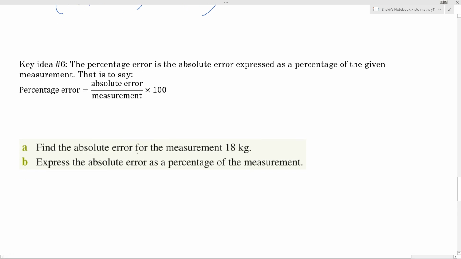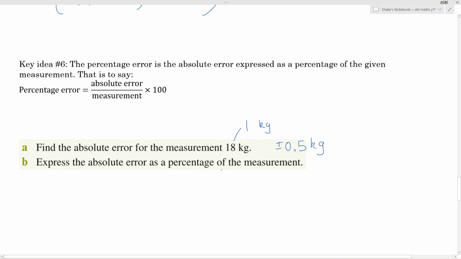So what is the percentage error for the measurement 18 kilograms? In order to do that, the first thing you need to do is determine the precision. Precision is 1 kilogram. Absolute error is half of that, so it's going to be plus or minus half a kilogram.